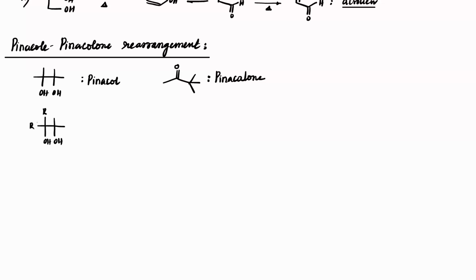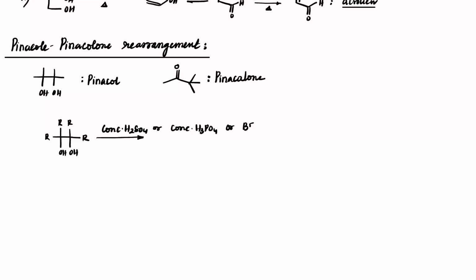In case you have any R groups like this, it is a pinacol. See the mechanism now. How does this pinacol convert into pinacolone? Basically, this reaction happens if we react with concentrated H2SO4 or concentrated H3PO4 or any good Lewis acid like BF3, with heat.